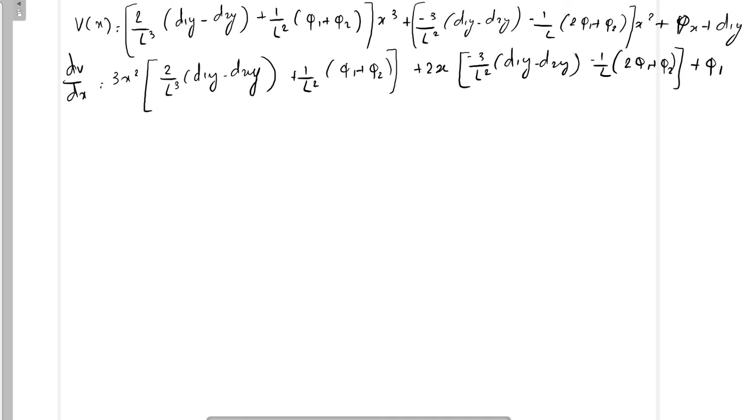And d1y is 0 because it is a constant with respect to x.